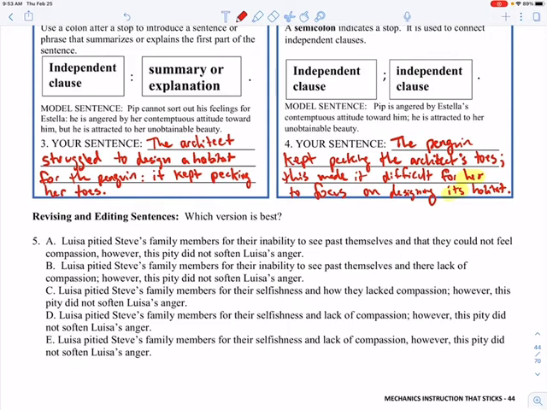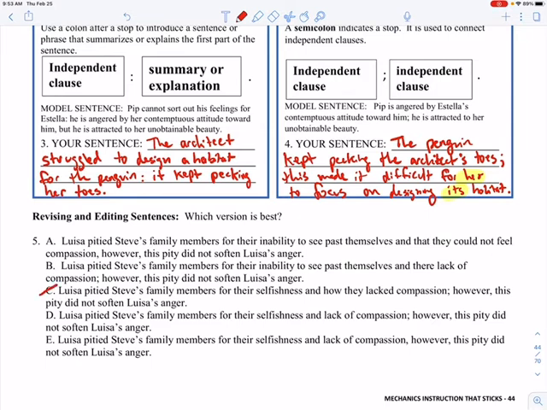All right, so what's different here? Louisa pitied Steve's family members. That looks the same in every single one. For their inability to see past themselves. And then C, D, and E say for their selfishness and how they lack compassion. C is awfully wordy.